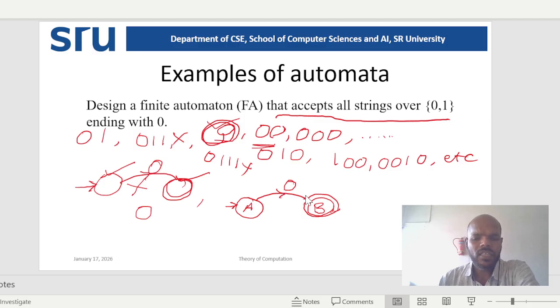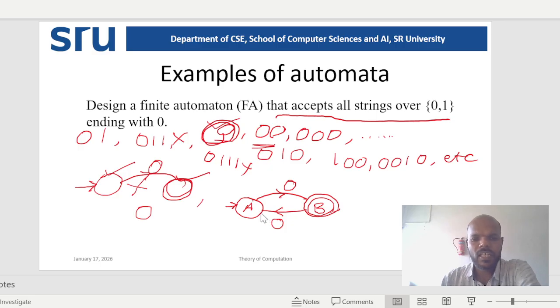Now check whether it is satisfying or not. 0 is accepted, but 00 is not accepted. I am using the brute force technique, taking 0. So what will happen? Single 0 is accepted, but 00 is not getting accepted.